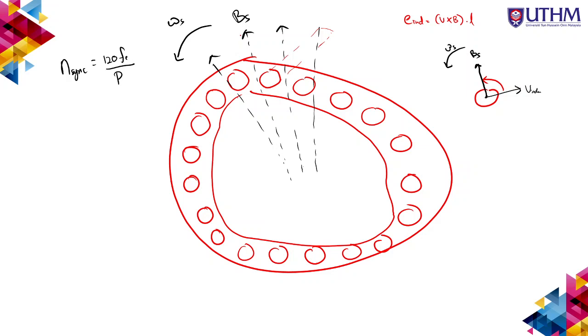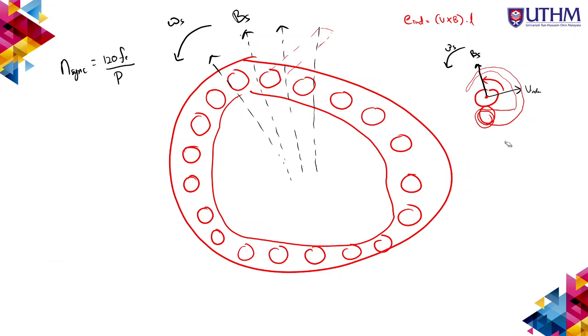The thumb is moving, so we grab with our hand, and this is our thumb. So the current will flow, how is this?